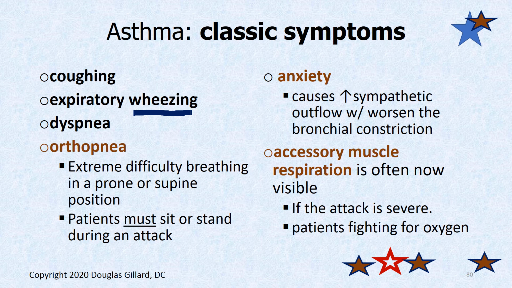That is when you're having an asthma attack, you definitely cannot be lying down, prone, or supine. You have to be sitting up and bent forward, the best kind of tripod position, they call it sometimes. Anxiety will be going, which makes things worse. When you have an anxiety attack, it increases sympathetics, which increases the constriction of the bronchial tree.